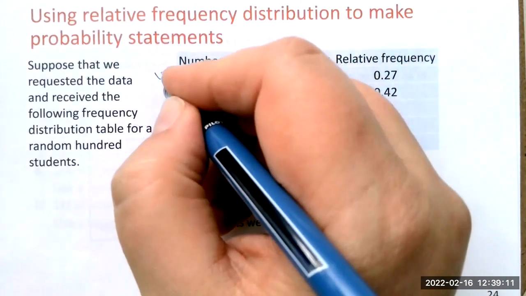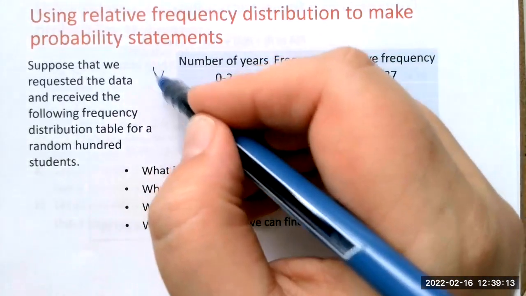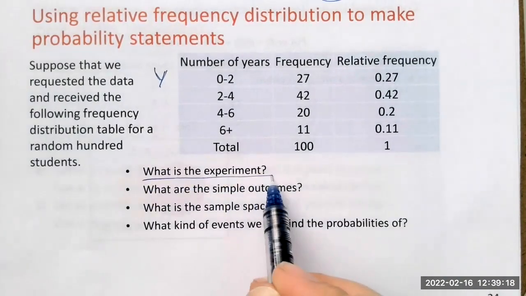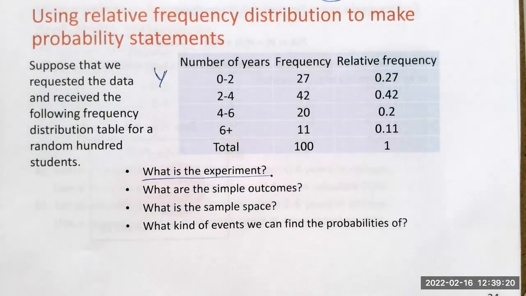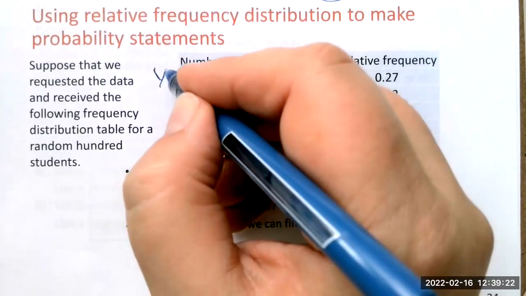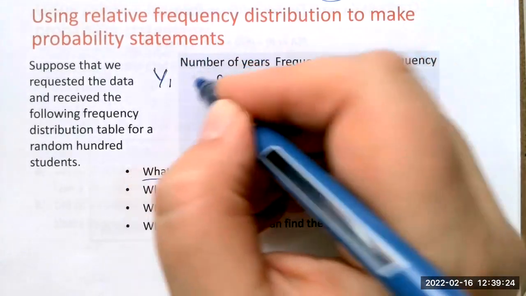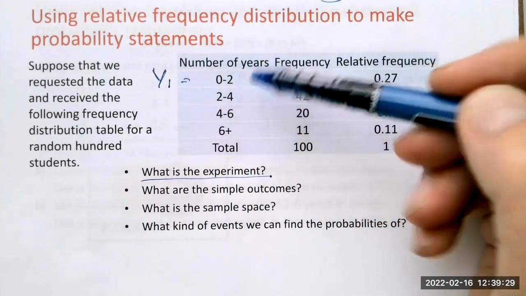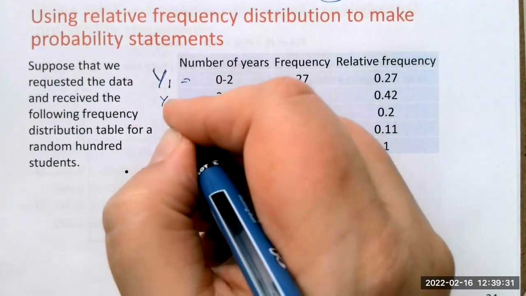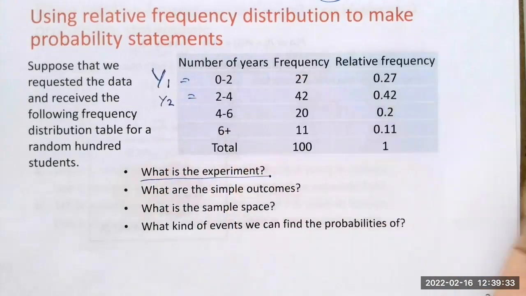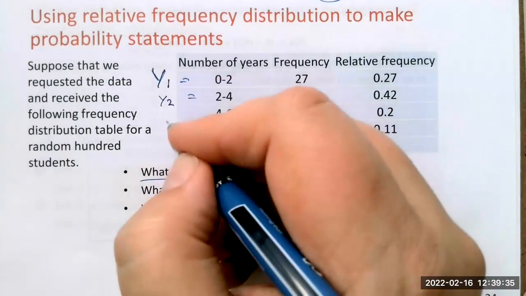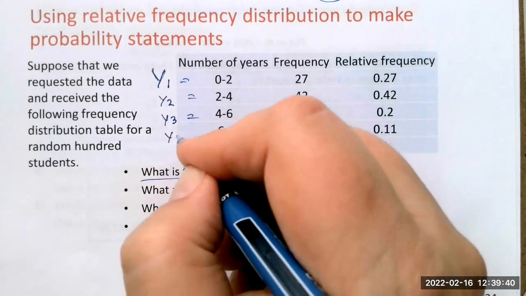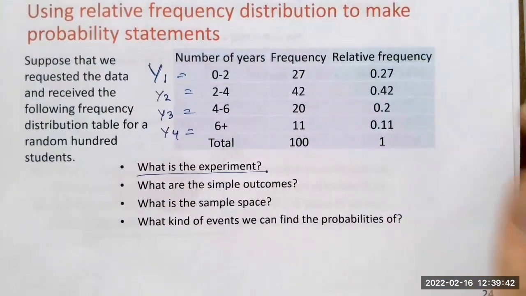The experiment is selecting one student randomly. Event Y1 would be that the student spent in college between 0 and 2 years. Event Y2 would be that the student spent in college 2 to 4 years. Y3 is 4 to 6, and Y4 is 6 plus.